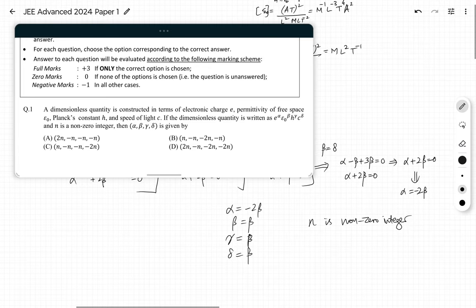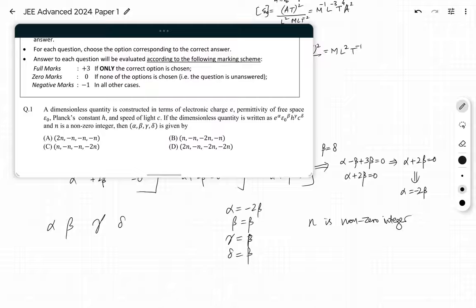So we can say that alpha, beta, gamma and delta, expressed in terms of beta, will be minus 2 beta, beta, beta, beta.